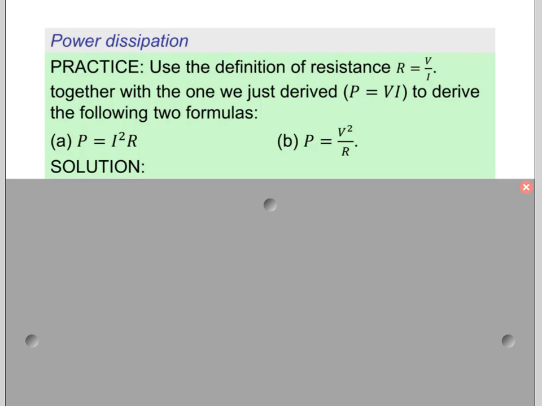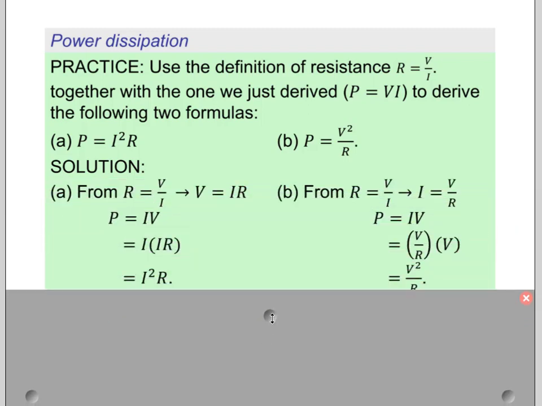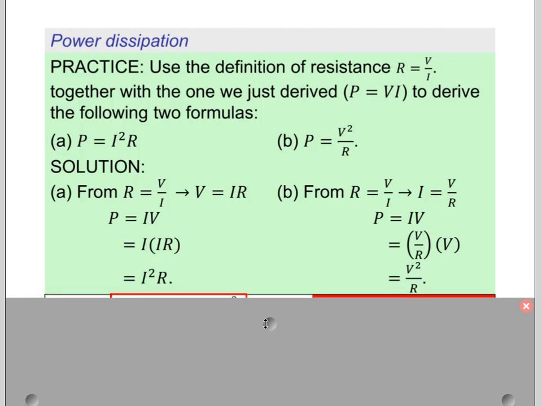Okay, so now we're going to take that definition of resistance, and combine it with our previous discussion of power equals voltage times current, and we're going to come up with two new formulas. So if you take these power expressions, and isolate the IR part, substitute in for V, this is a new expression.